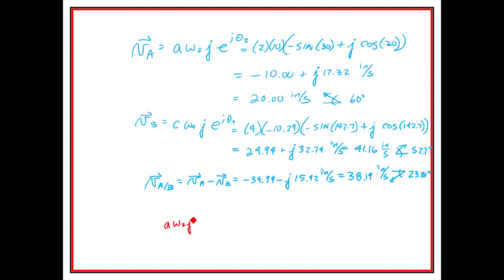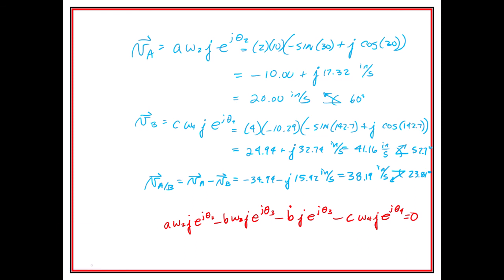I started to write it for the x direction, or the real direction. So B omega 3 j e^(j theta 3) minus B dot j e^(j theta 3), and then minus C omega 4 j e^(j theta 4) equal to 0.